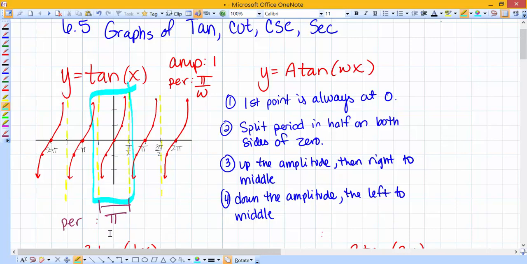I'm going to show you more examples where your period is not always pi, so it won't be half and half. If my period is 2 pi, half would be pi and pi. So that will change. You then put your asymptotes. So I'm going to make a note here: split the period in half on both sides of 0. Those are your asymptotes.